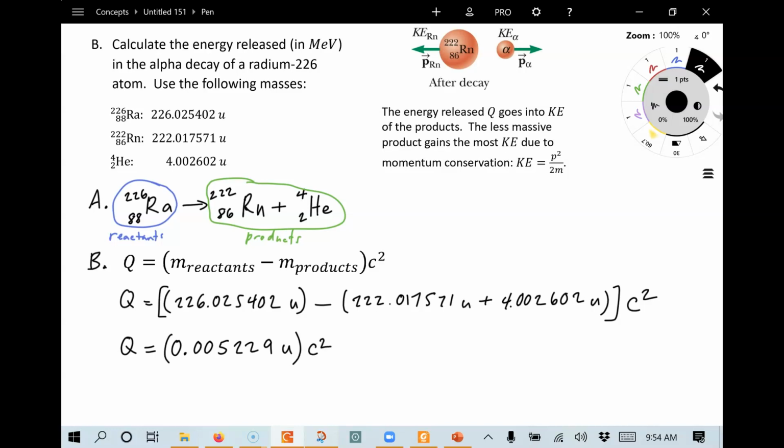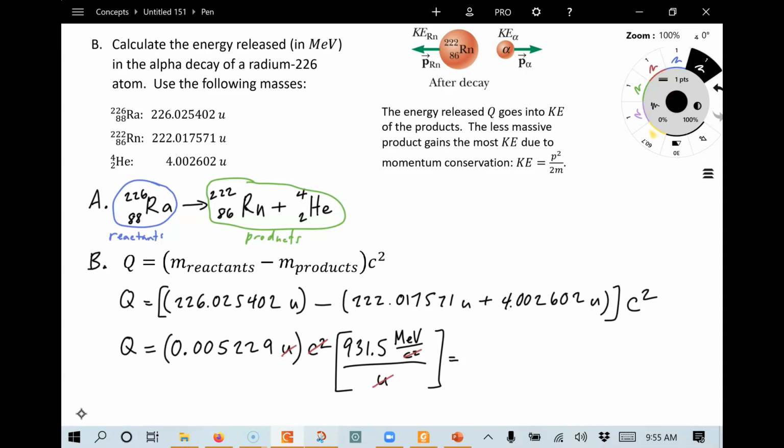times C squared. And now what we're going to do, as usual, we're going to convert this to MeV. The conversion factor for MeV here is 931.5 MeV per C squared divided by U. And as usual, the C squareds cancel out. The U's cancel out.